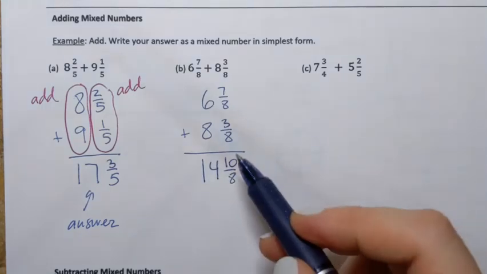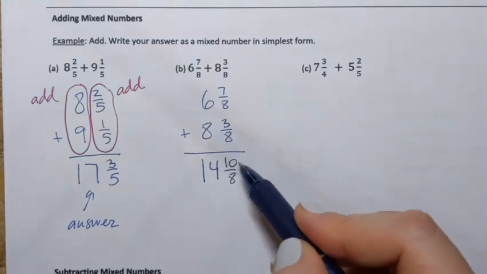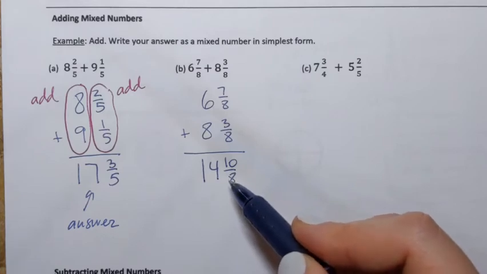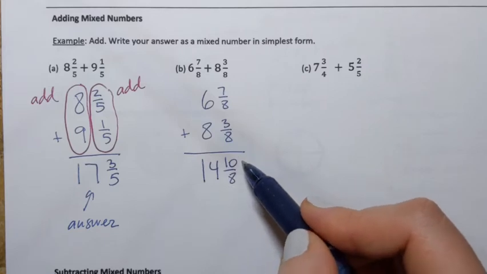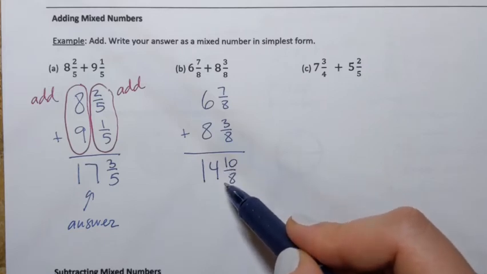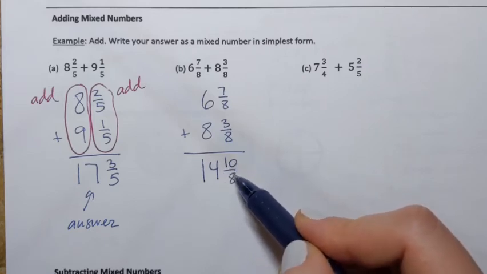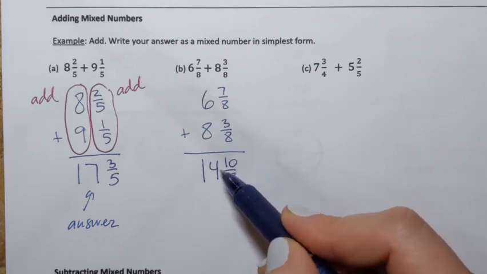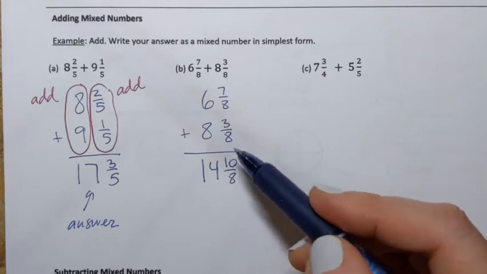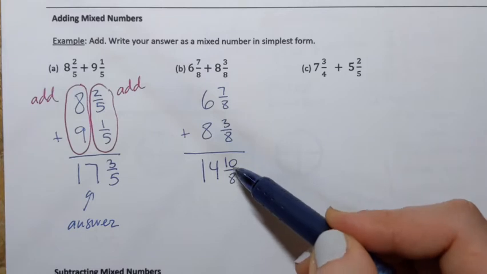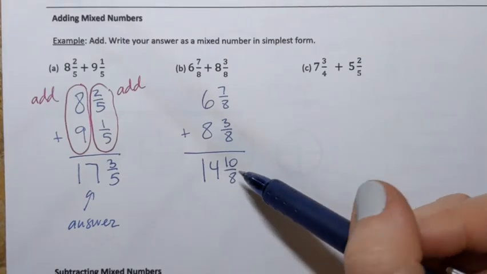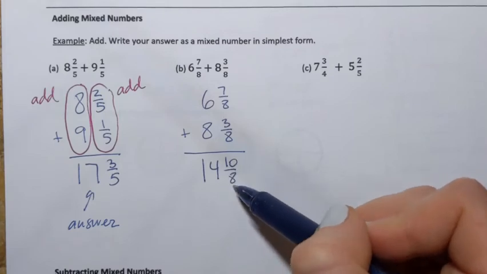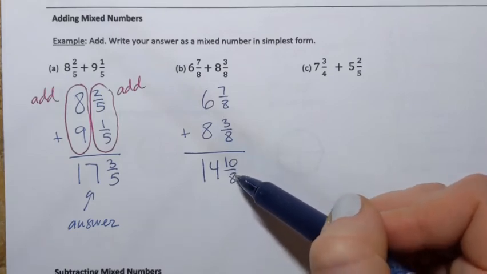Now as I check if that's the final answer, I can notice two things that are not quite right. First of all, this is an improper fraction, and I have to fix that. 10 is more than 8, so the numerator is greater than the denominator. And also I can see that 10 over 8 can be reduced. So that means that we have two things to do. We need to change this to a proper fraction and simplify.